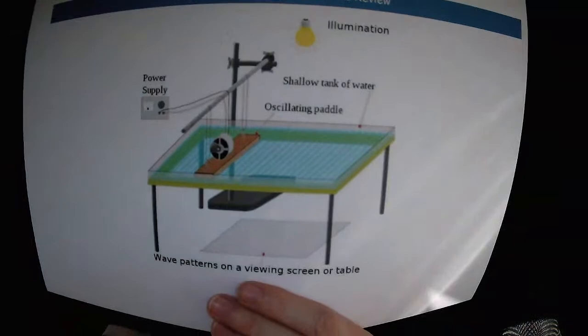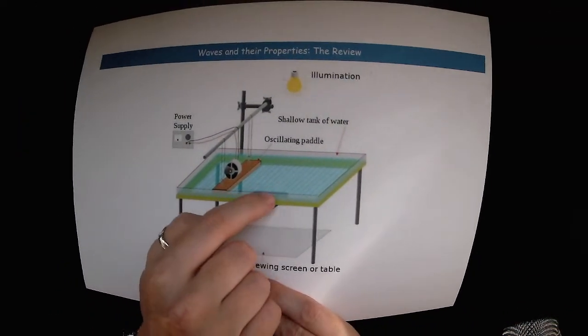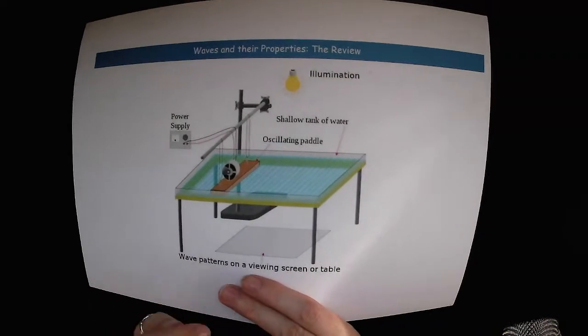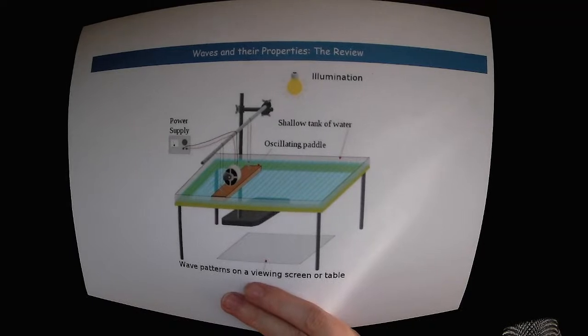Now, we can use our ripple tank in order to actually measure a few different things. So the first one is if we want to measure wavelength, we've got a couple of options here. So here's our little ripple tank, and if we want to measure the wavelength, quite simply, you could just drop a ruler into your tank here and then try to judge it as the waves actually pass.